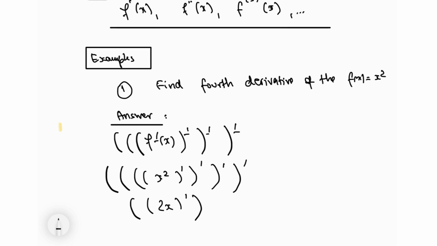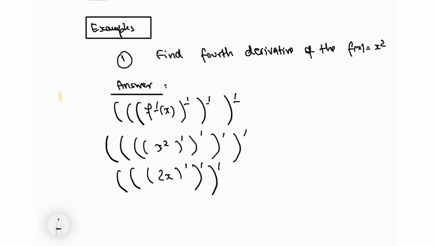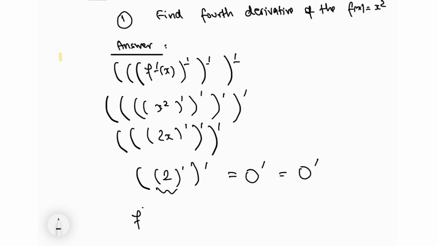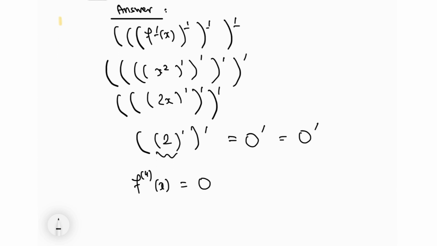Now we have three more derivatives: second, third, fourth. The derivative of 2x is 2, and we have two more derivatives. The derivative of 2 is 0, and the derivative of 0 is 0. So the fourth derivative of f of x is 0, or the fourth derivative of x squared is 0.